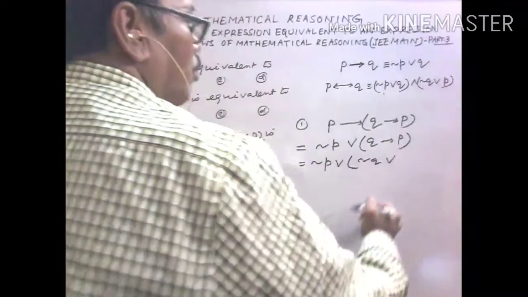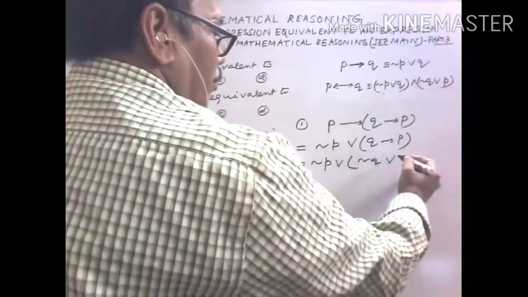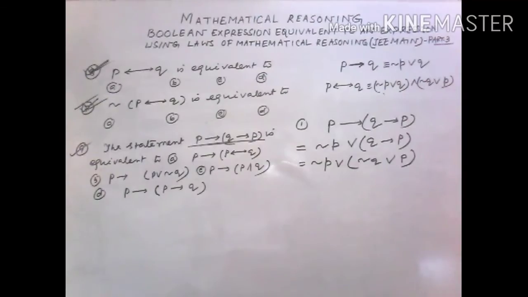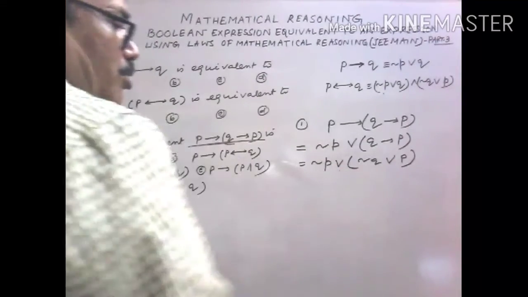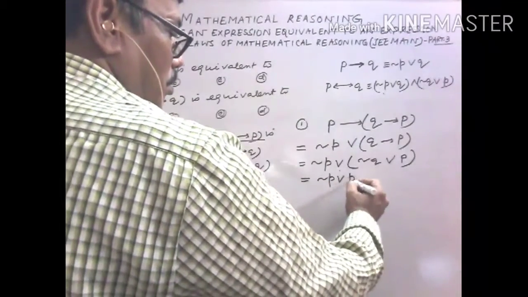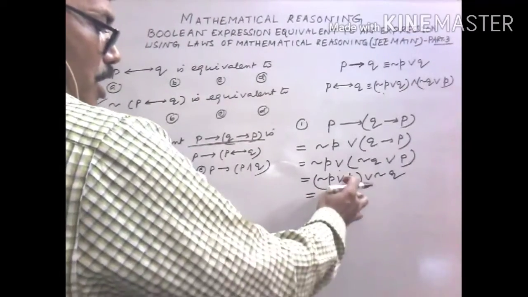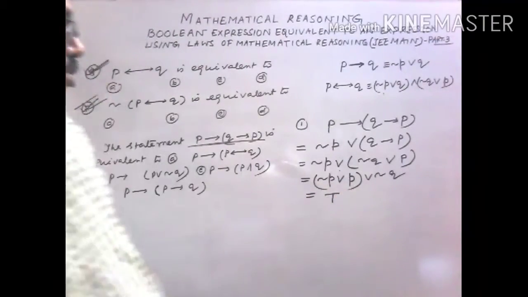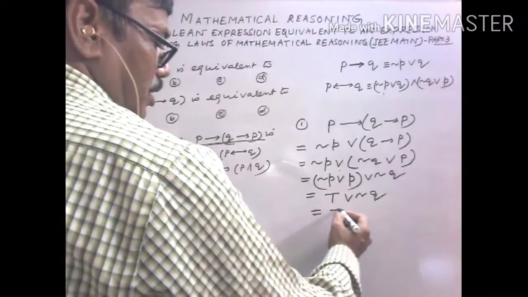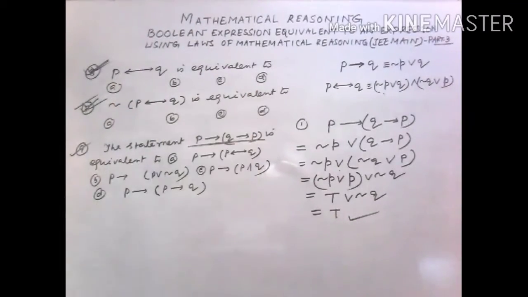Negation Q union. Now this is union, this is union, so we can use the associative law. Negation Q. Now this is A union A dash, that is tautology, union negation Q. So we get T. Actually it is a tautology.